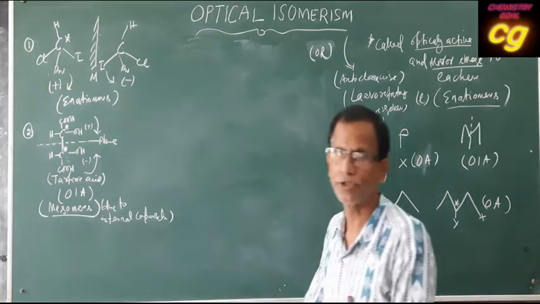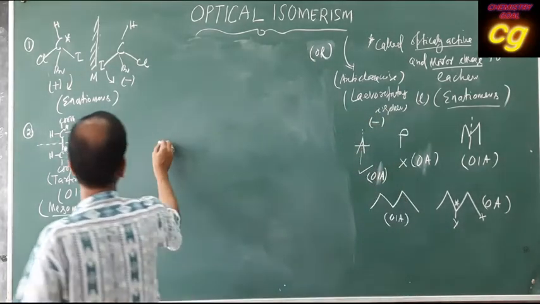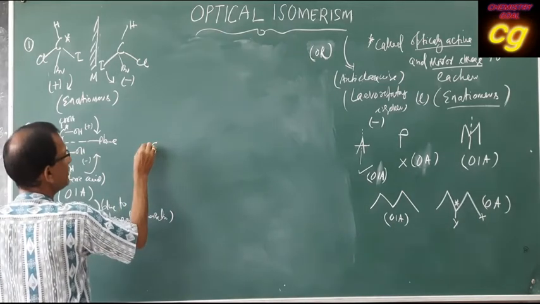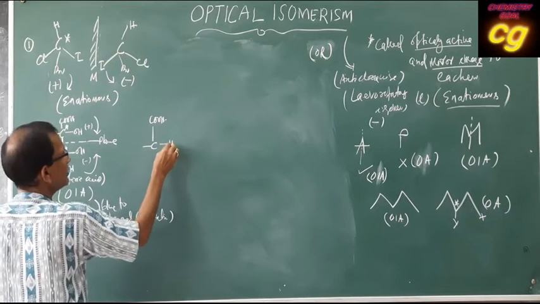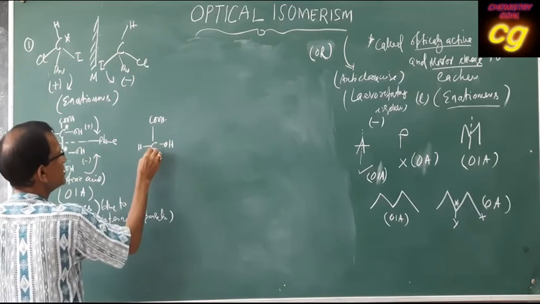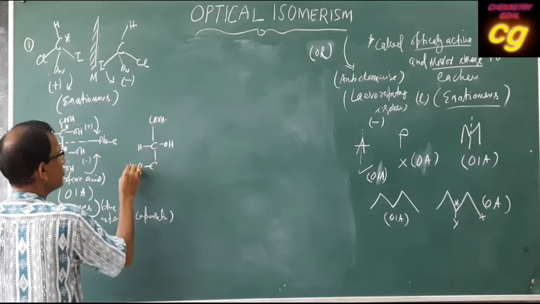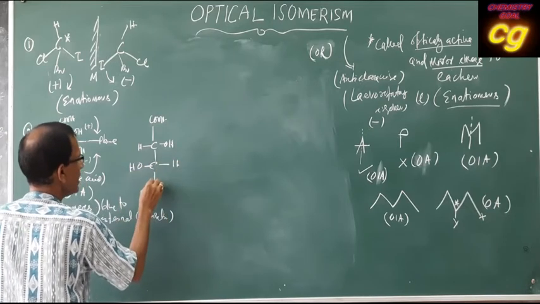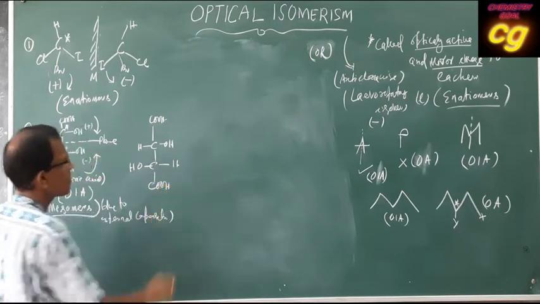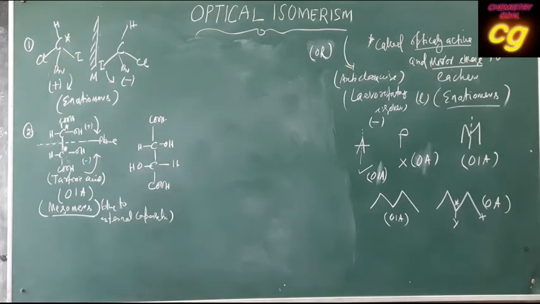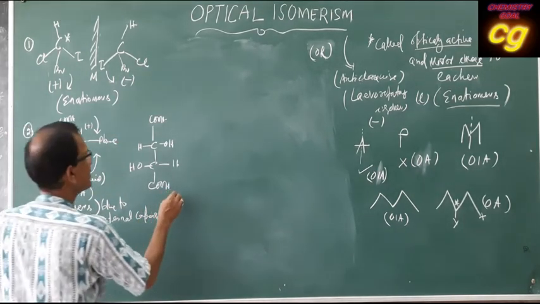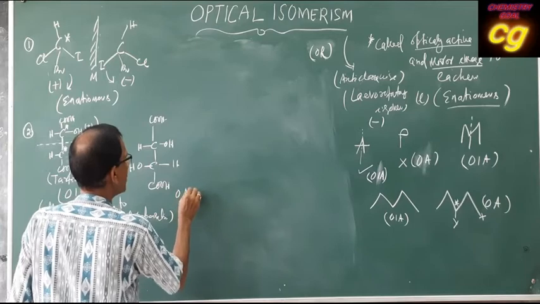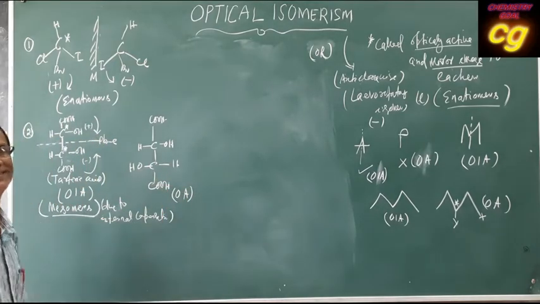This is called meso. But if you write another type of isomer, let it be like this: COOH and H. Sorry, suppose this is OH and this is H and this is COOH. In this case, it is optically active, because no symmetry is there.